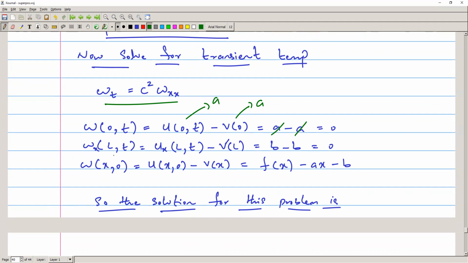Again, w_x(l,t) = u_x(l,t) minus v'(l). So u_x(l,t) is b, v'(l) is b, so b and b will cancel out, it will be 0. And for the initial condition, now it will be w(x,0) = u(x,0) minus v(x). u(x,0) is given as f(x), and this is our v(x), right?